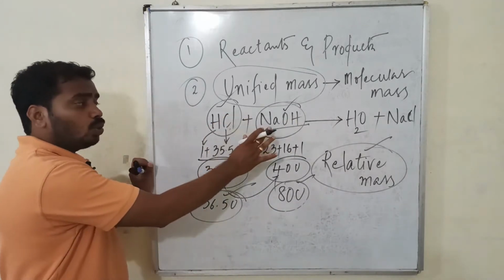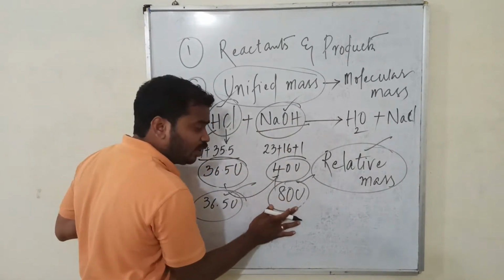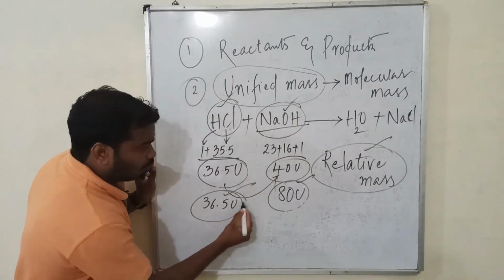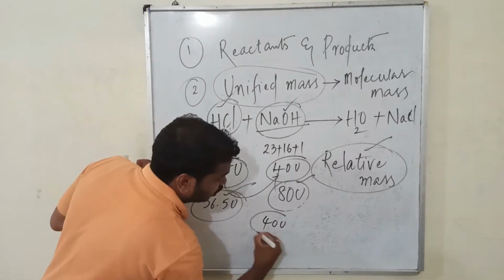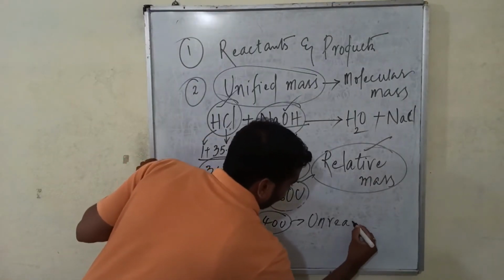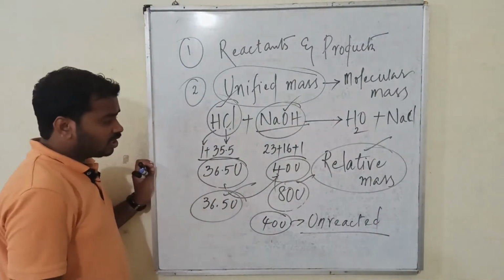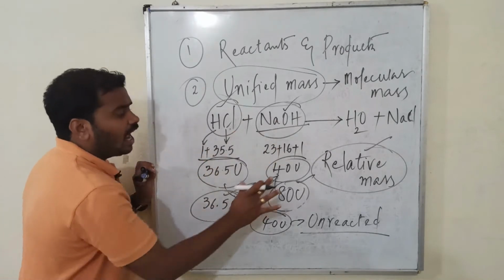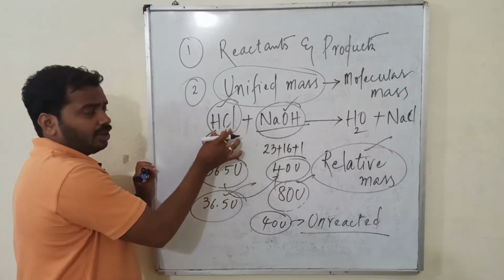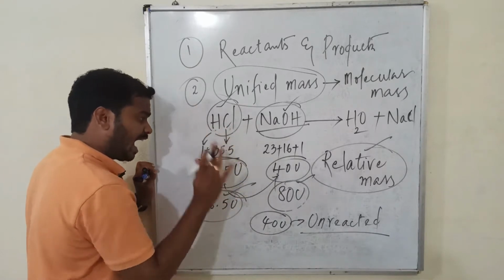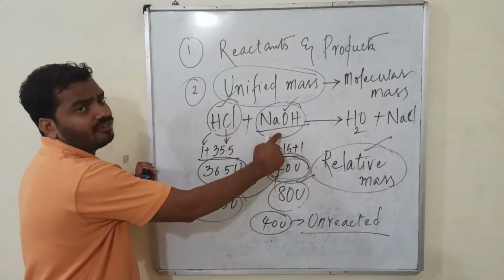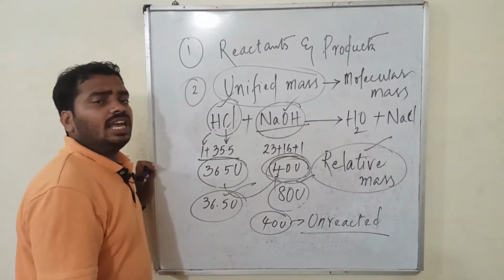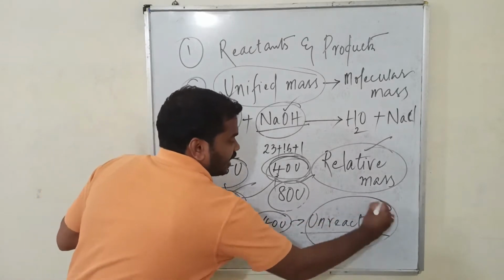So even if you take 2 NaOH molecules, even if you take 80 unified mass units of this NaOH, it would react with only 40 units, and the rest will go unreacted, because the relative masses of these two molecules are 36.5 and 40. If you take 36.5 unified mass units of HCl, it would react only with 40 unified mass units of NaOH, not more than that. Even if you take more amounts, that will go unreacted like this.